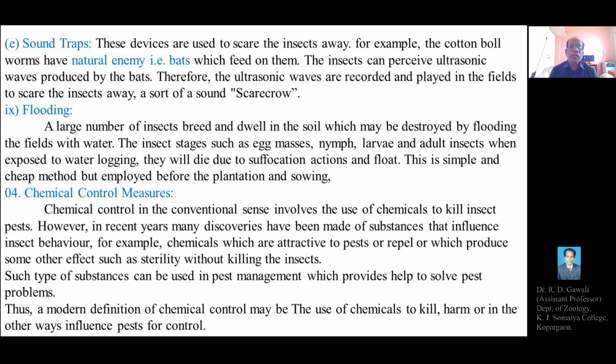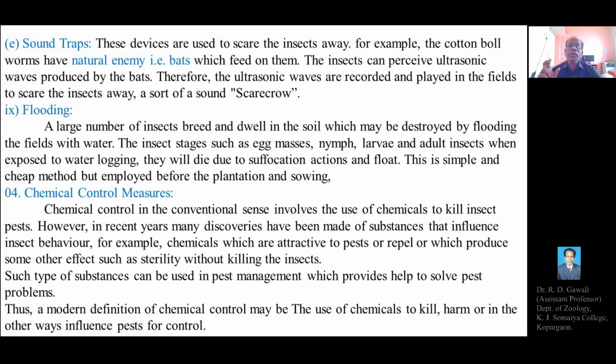Such chemicals or substances can be used in pest management to help solve pest problems. And thus, a modern definition of chemical control may be the use of chemicals to kill, to harm, or in other ways influence the pest for the purpose of their control.